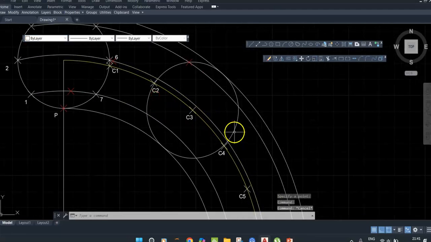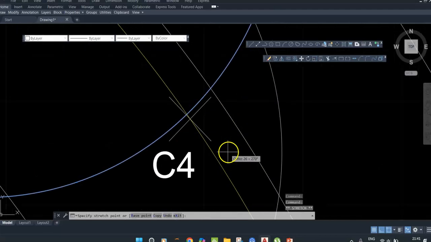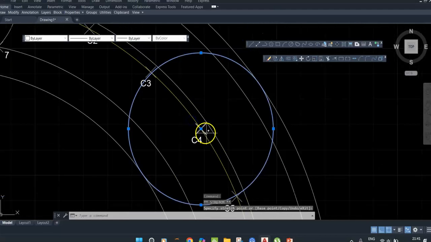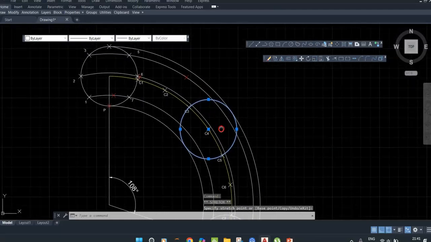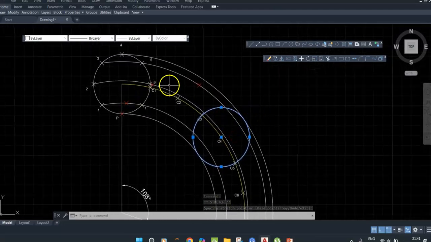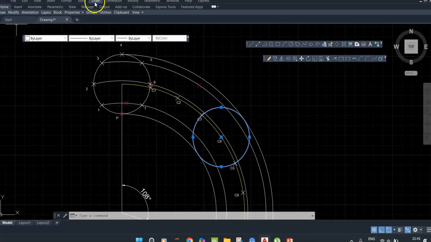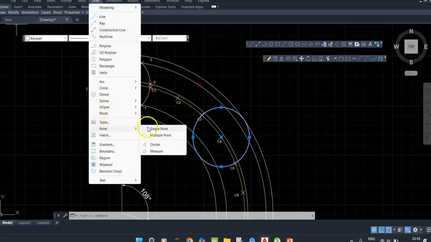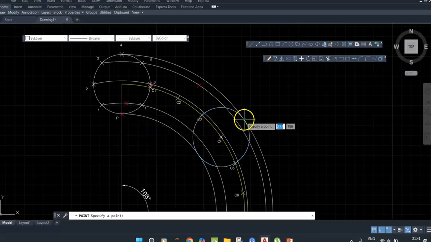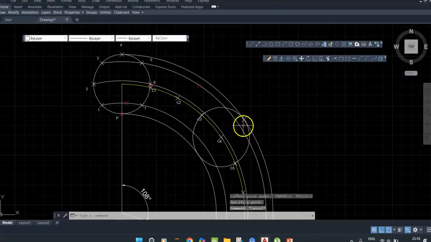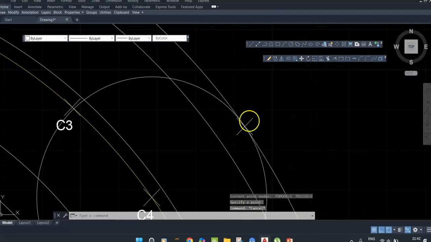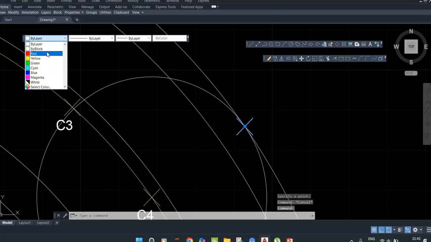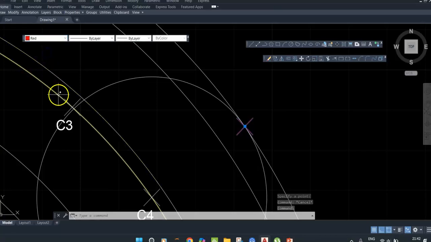Similarly, from C3 to C4. It's the midpoint, the center point. Half of the revolution is over; that is what it indicates. So mark that point.